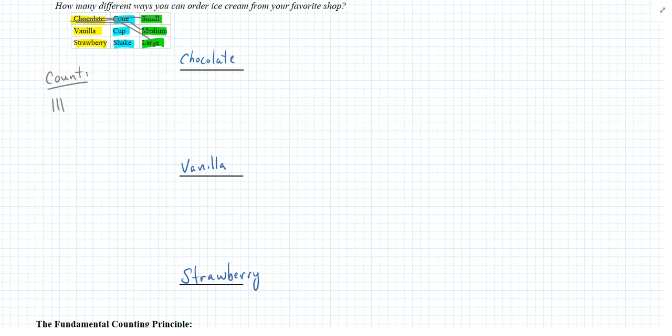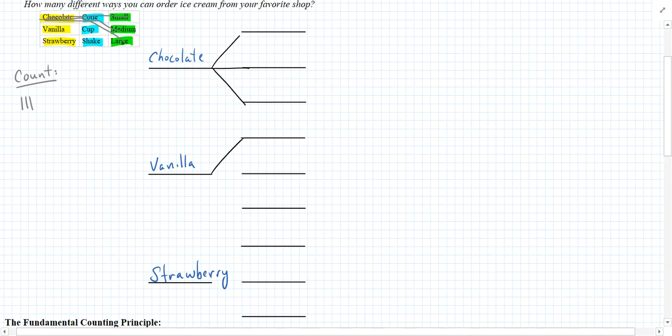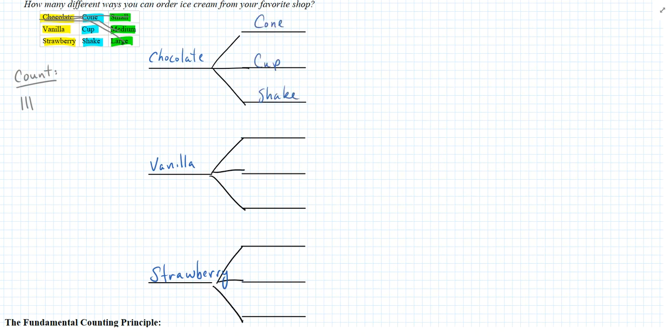On each branch, I'll draw three more, one for each type of ice cream. Finally, three more branches, one for each size, finishes the tree.